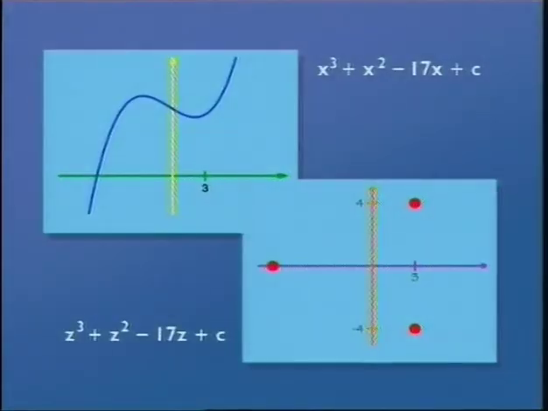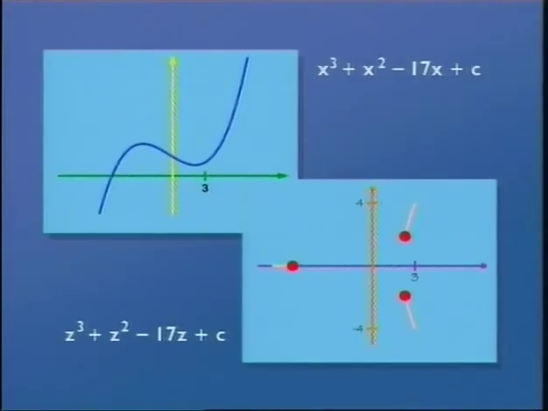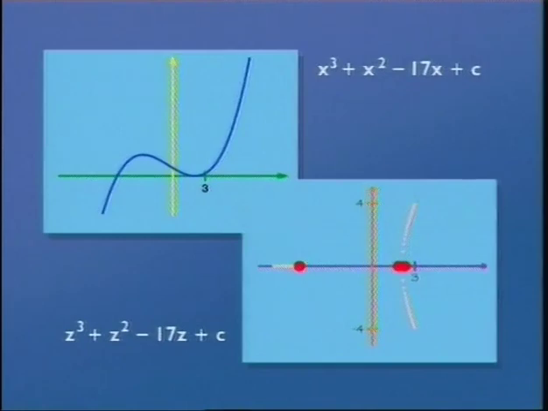As the value of the constant decreases, the two complex roots get closer together, until here, the graph just touches the horizontal axis, and on the Argand diagram, the two complex roots would coincide to give a repeated real root.